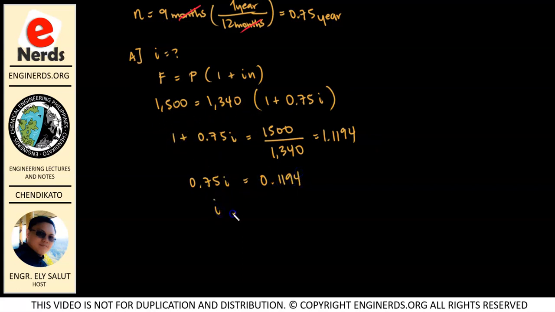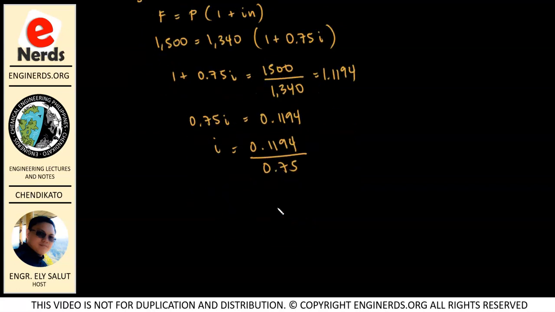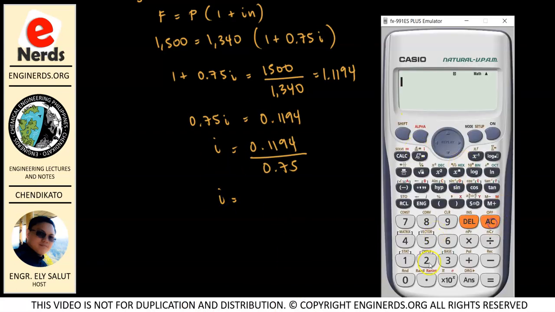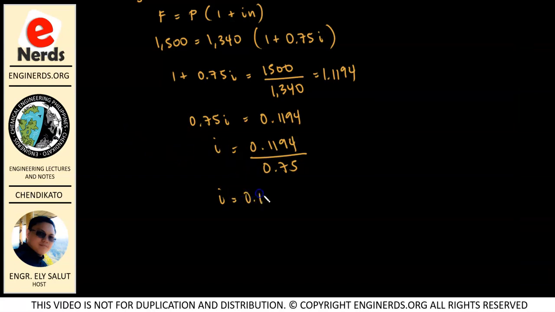So our I is equal to 0.1194 divided by 0.75, which gives 0.1592.